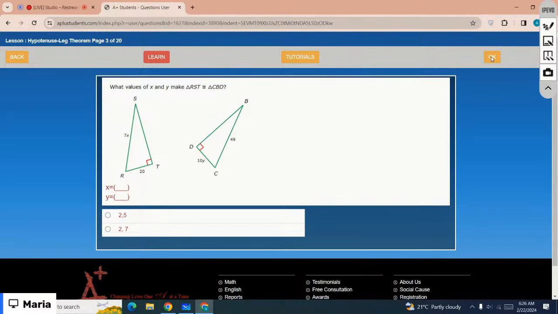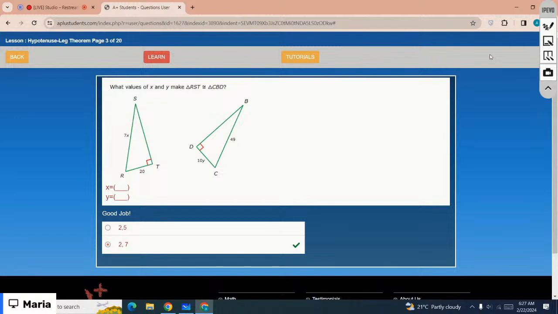Congruent sides have equal side length, right? So then 7x equals 49, so x equals 7, and then 10y equals 20, so y equals 2. That means the correct option is the second one. 2 and 7 is the correct one.